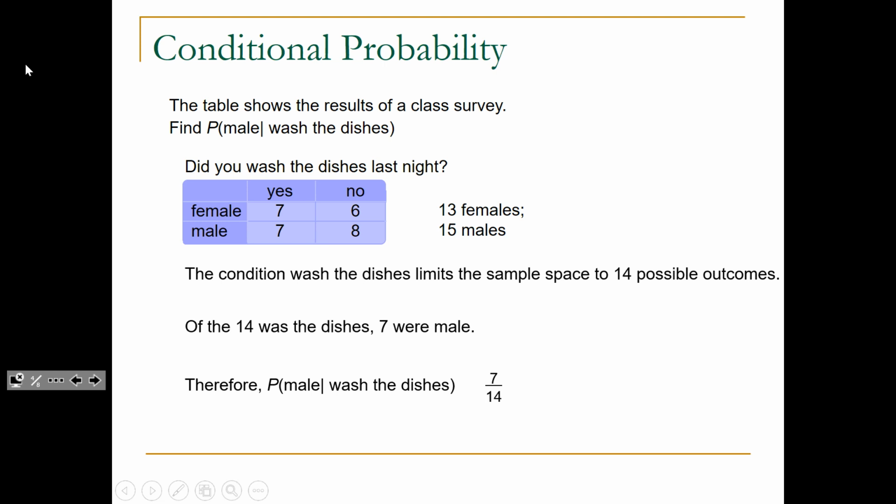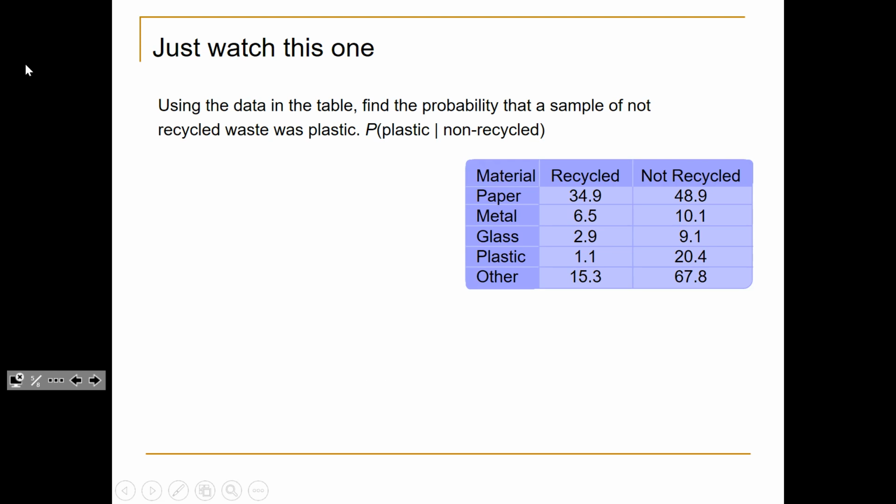All right, so I don't think this next one's on your paper, so I want you to just follow along with me up here on the screen. Okay, it says, using the data in the table, find the probability that a sample of non-recycled waste was plastic, or the probability of plastic given non-recycled, okay?